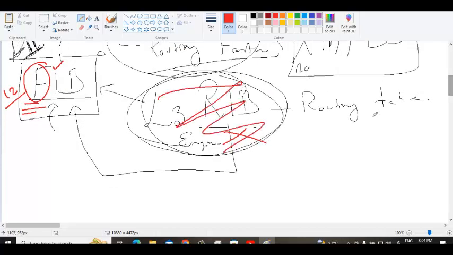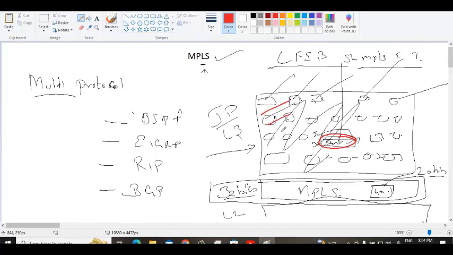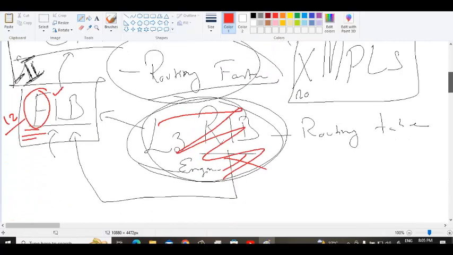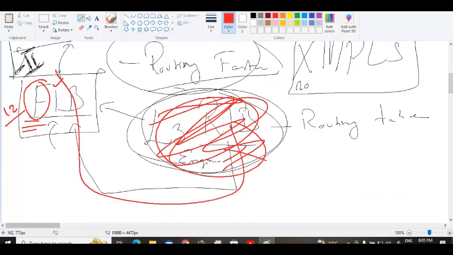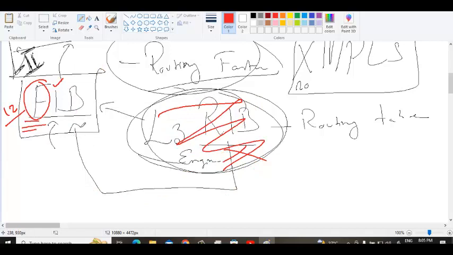In that, it knows the destination. After knowing the destination, usually before CEF, it used to go through the RIB, then give the command to Layer 2 and then the packet would go out. After CEF, because the RIB information is stored in FIB, which is in Layer 2, of course in the motherboard it's a different section.